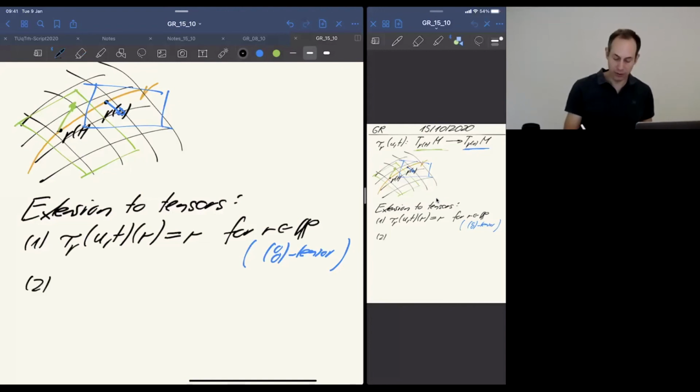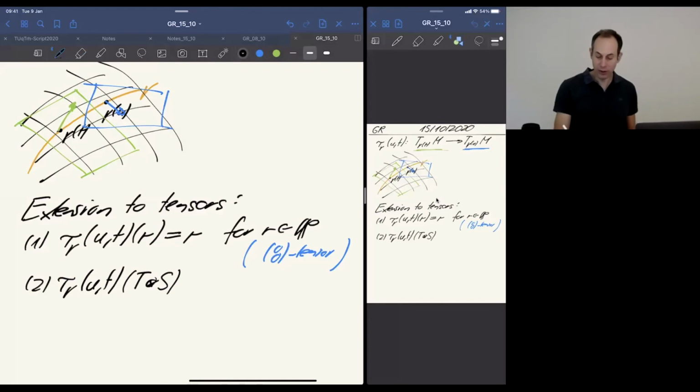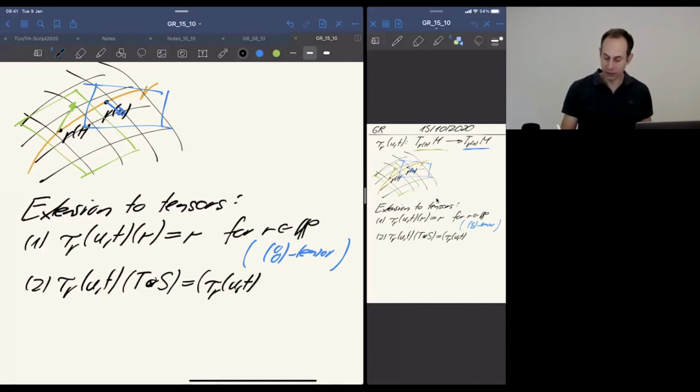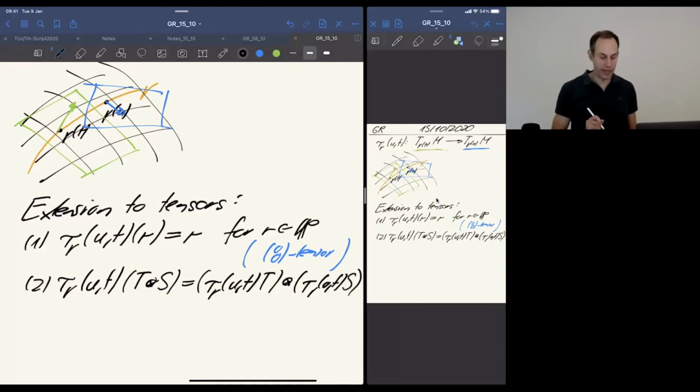Now, the second part of the rule answers the question, what happens if you have the tensor product of two tensors? If you already know how the tensors transform individually, then the answer is that the two should just transform by applying the transformation rule to the individual tensors. So I apply it to T and apply it to S, and then I take this tensor product.